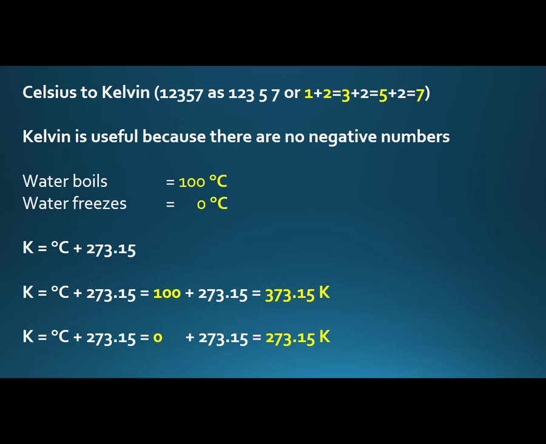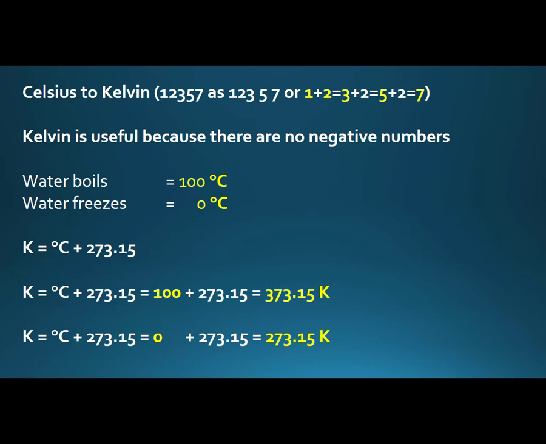The way to convert Celsius to Kelvin is simply to add 273.15, and sometimes people have trouble remembering all those numbers. So if you look at the top here, you can say to yourself, okay, the numbers in 273.15 are 1, 2, 3. Those are in order, easy to remember.